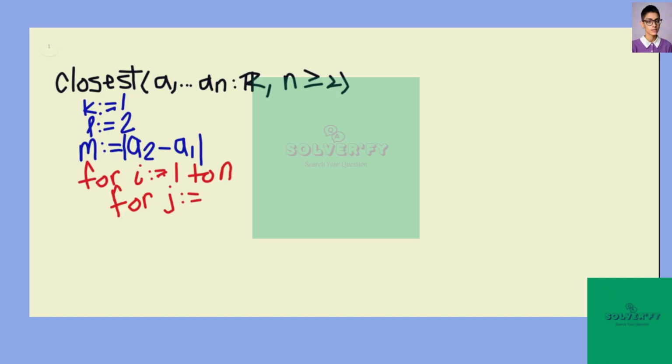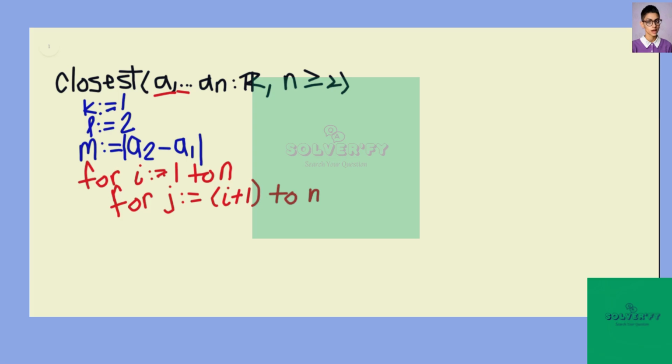This one's going to run from i plus 1 to n, right? And so what's happening here is that when i is equal to 1, it'll be at a sub 1, and then it's going to compare a sub 1 to a sub 2, a3, a4, a5, a6, a7, etc. And then it's going to jump to a2, and then it'll compare a sub 2 to a sub 3, a4, a5, a6, all the way. Okay, so this is going to allow us to compare every pair of them.